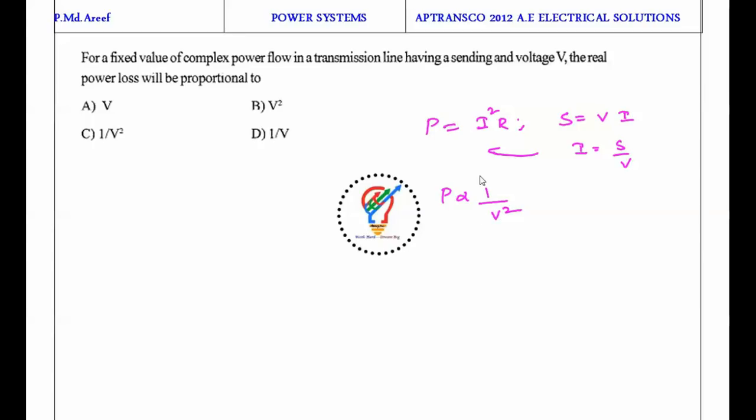That means the power loss is inversely proportional to the square of the voltage. That is why, with higher voltages, the power losses are less, and this is the reason we go for HVAC and HVDC transmission lines.